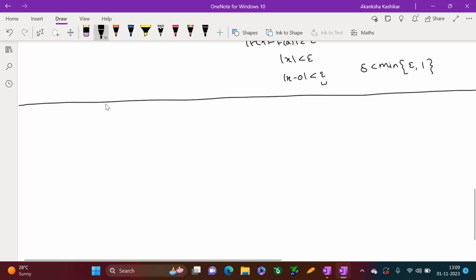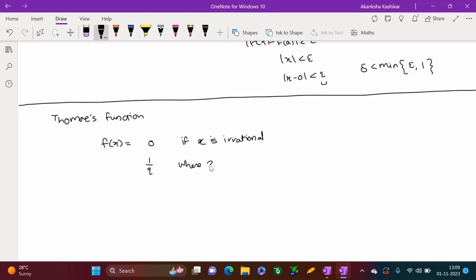Okay, let me define the function. The function is interesting. So, Thomae's function. We define f(x) as 0 if x is irrational. Okay, and we define f(x) as 1/q, where x is equal to p/q in the reduced form, that is, p and q do not have any common factor.